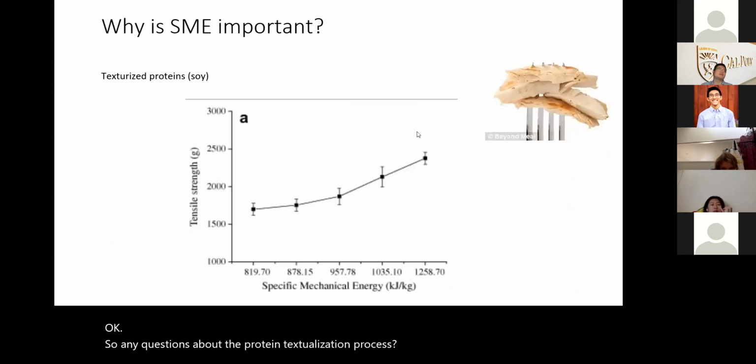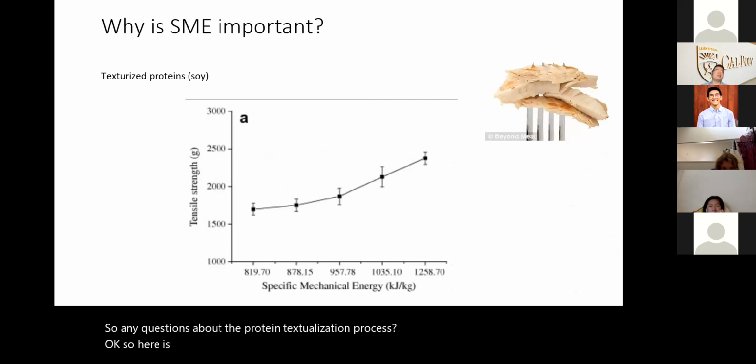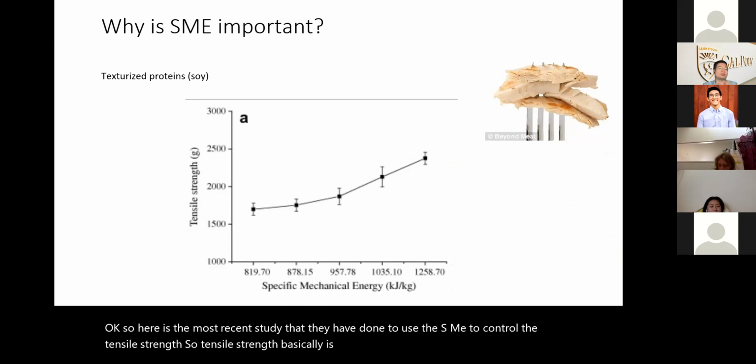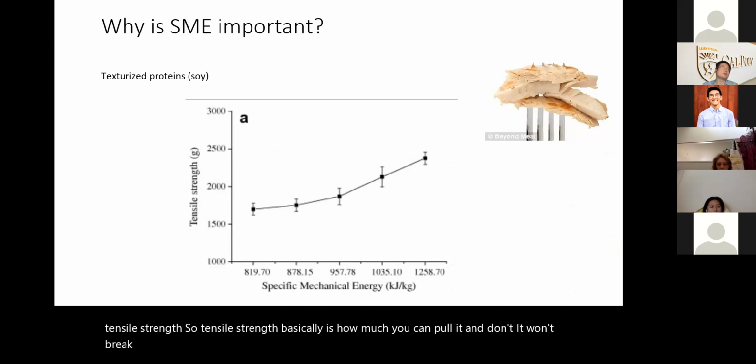Okay, so here is the most recent study that they have done using the SME to control the tensile strength. Tensile strength is basically how much you can pull it before it breaks. In meat we know it's very tensile, right? Sometimes during chewing we cannot even break it.